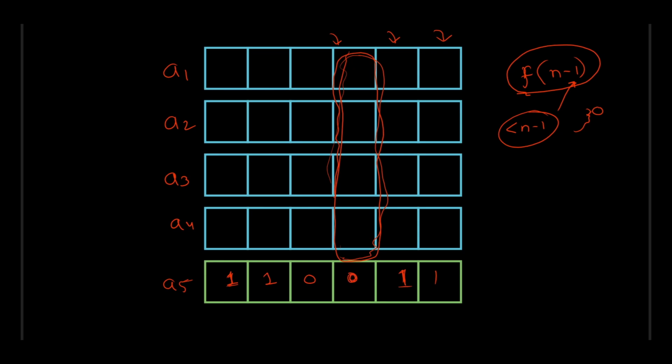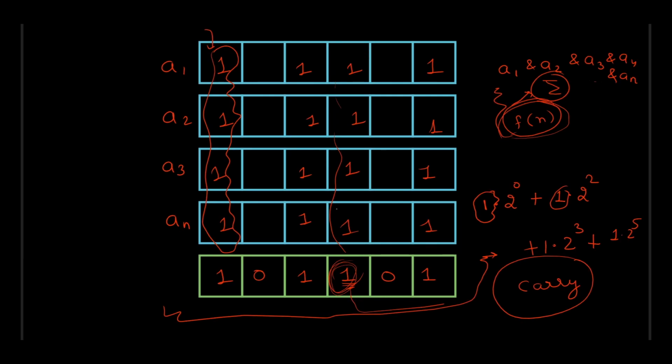But if it is 0, can you actually conclude that the total number of ones is less than n minus 1? You cannot conclude that, because this 0 could have been the result of a carry forward from the previous things, because we are summing them up. So that is why it's not possible to conclude.